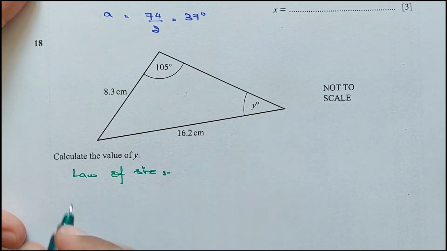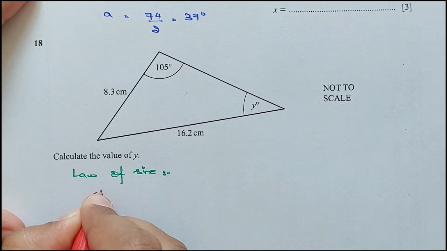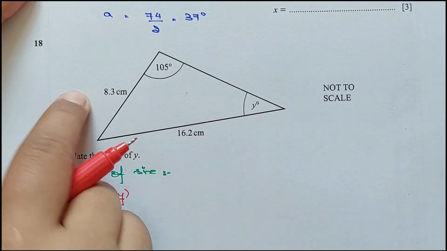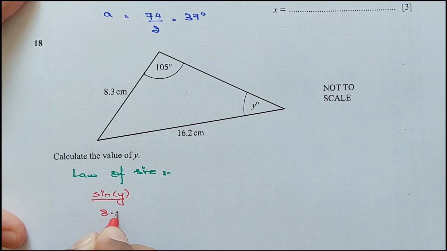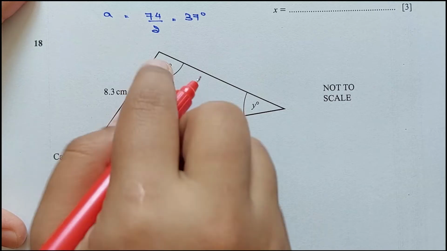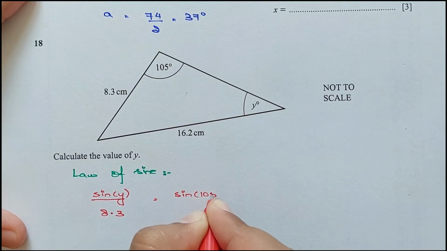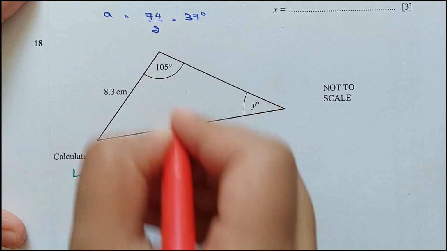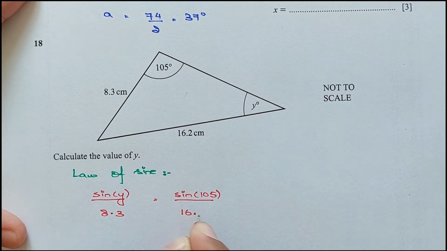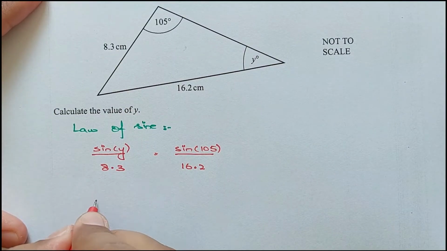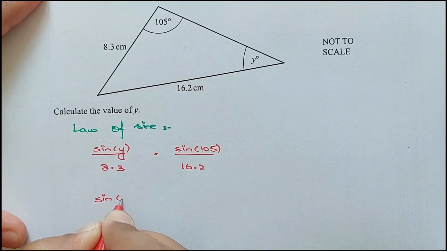Finding the unknown angle. So from the law of sine, we can say sine of y divided by its front side, 8.3 centimeters, equals sine of 105 divided by its front side, 16.2 centimeters. Both are in centimeters, right? So what is sine of y?